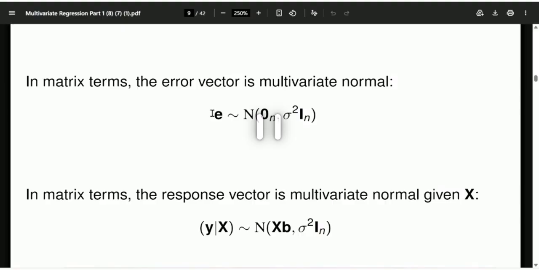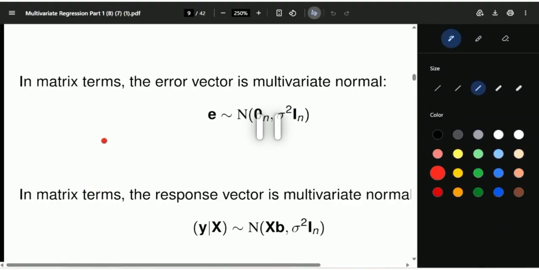So for the error here, we believe that on average it should be 0, and the variance of the error should be sigma squared. Now, if this holds, we need to place an assumption on the random variable y given X. We said this is the model: the model is Xb plus the error.